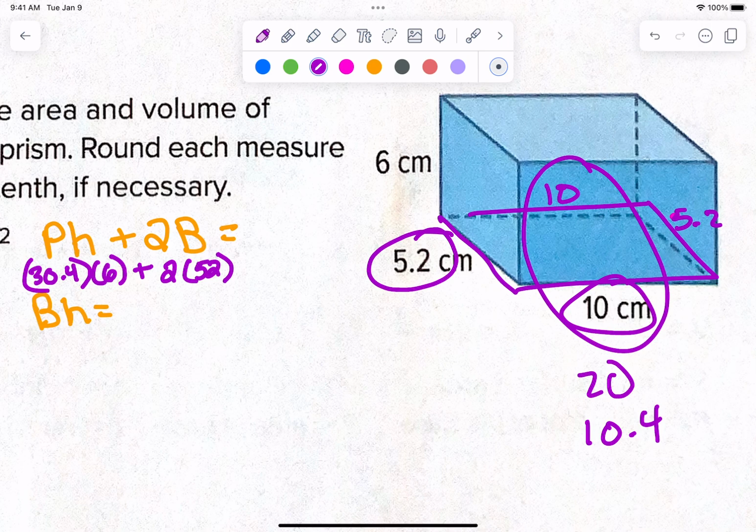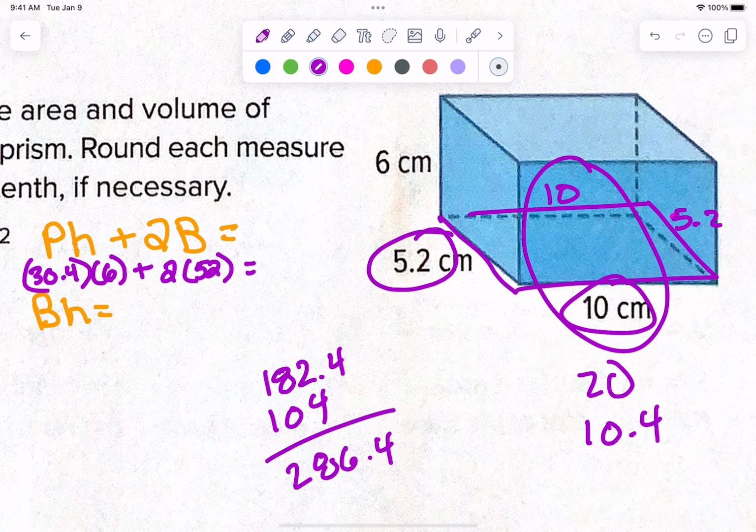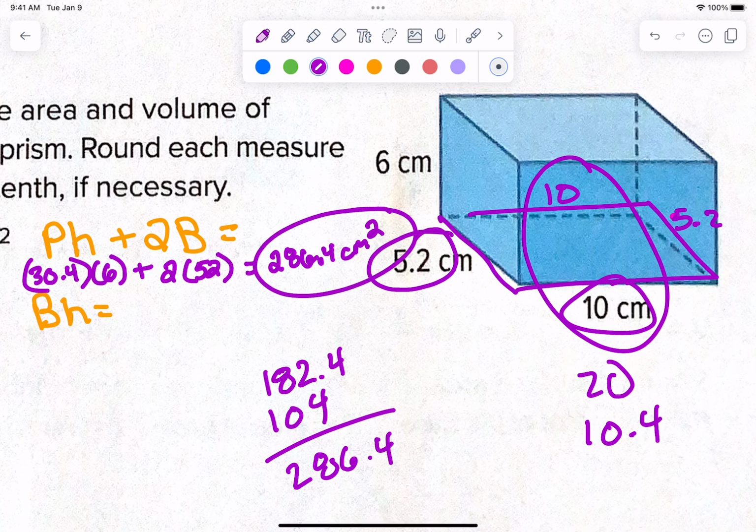Equals, I don't know, 182.4 plus 104. 286.4, is that right? 286.4? Centimeters what? Squared, because this is surface area. Okay? Perfect.